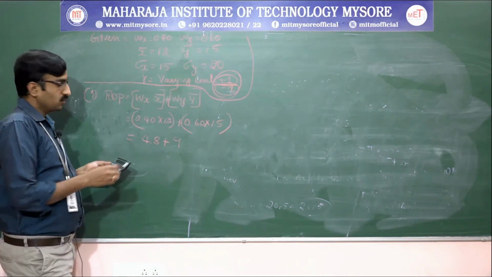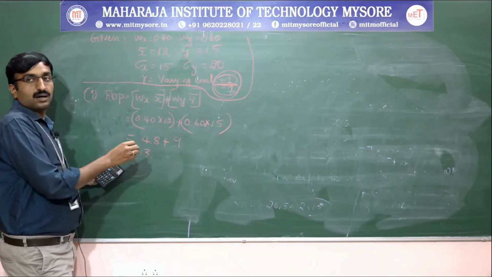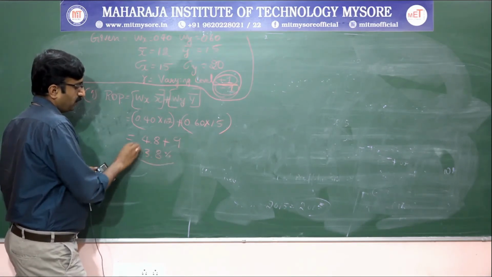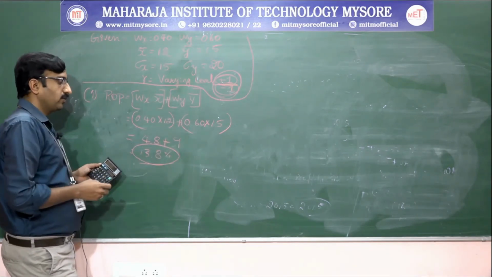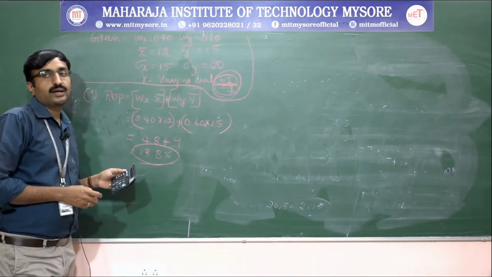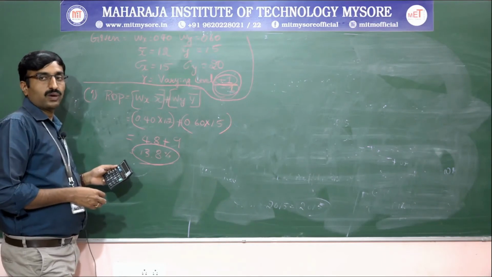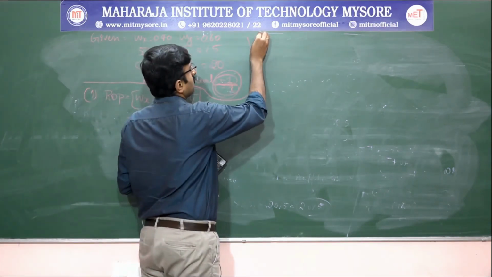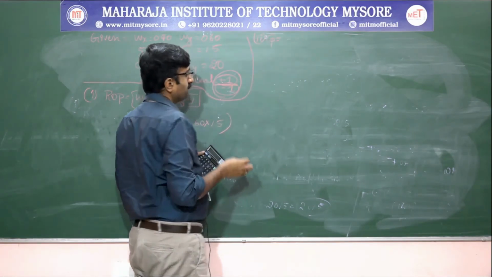Put together it is 13.8%. 0.40 into 12, 0.60 into 15, it is 4.8 plus 9, you will get 13.8% as return on portfolio.